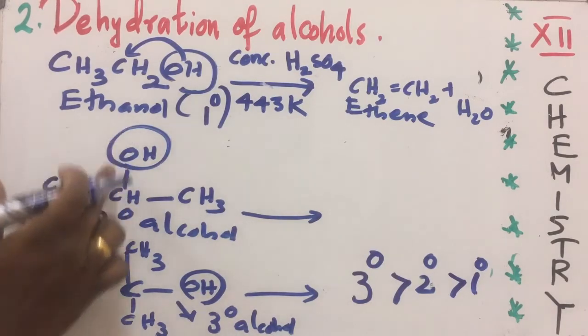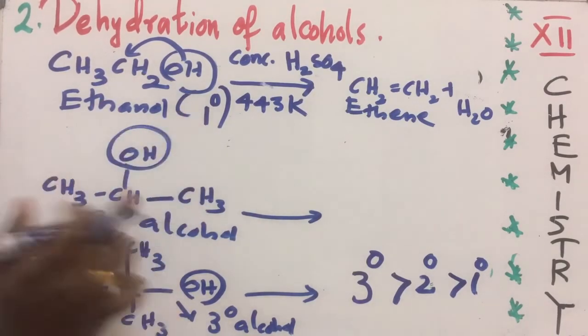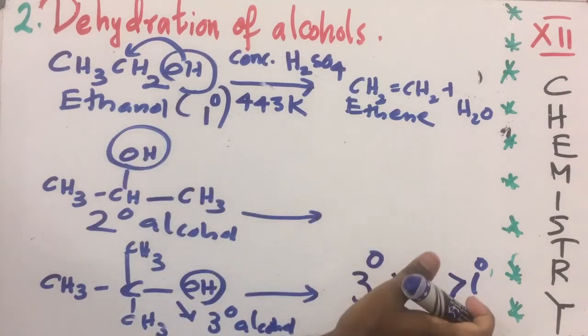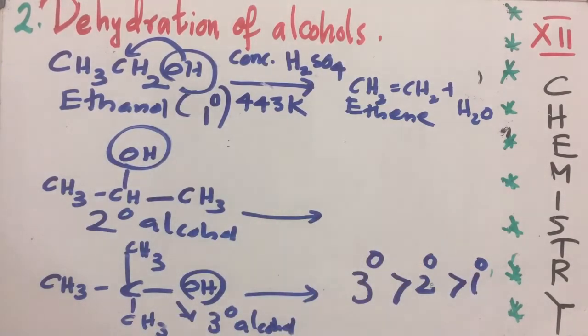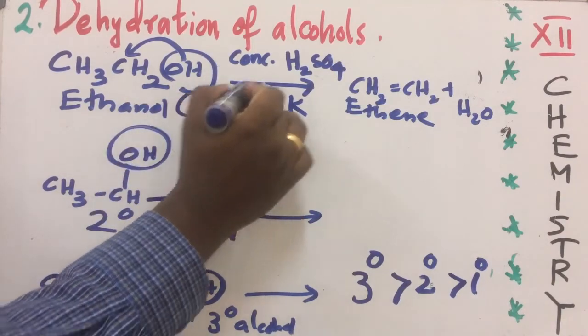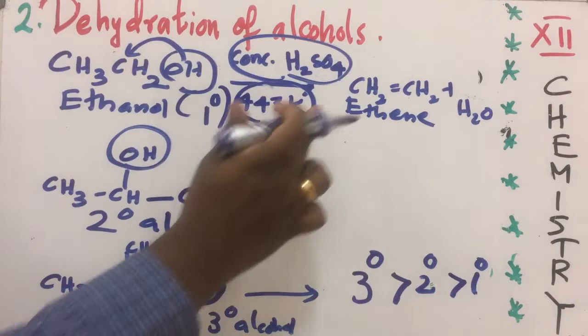Primary alcohol dehydration is difficult because it is less reactive. So in the case of primary alcohol, we need high temperature and concentrated sulfuric acid for the dehydration.